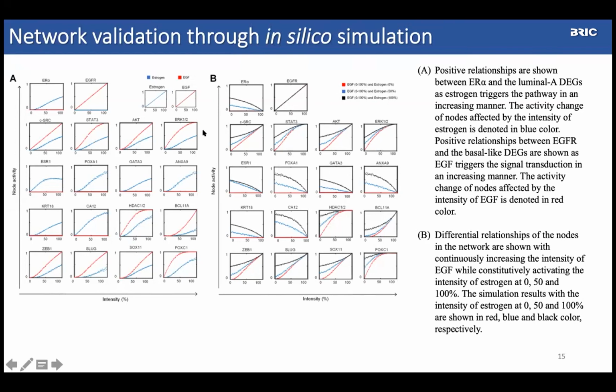We looked at the patterns of these downstream molecules, and we were able to see that this can mimic the situation where basal-like cells are more dependent on EGF rather than ER, and these patterns are showing exactly that. So we were able to see that our network model is valid and can mimic the situation in basal-like cells as well as luminal A cells, where it's responding to the estrogen receptor ligand, which is estrogen.